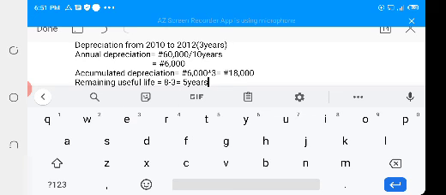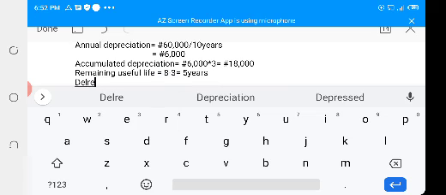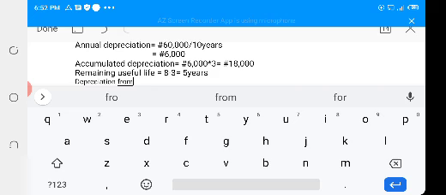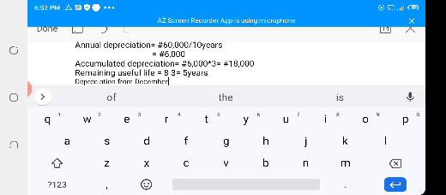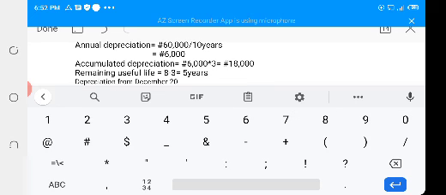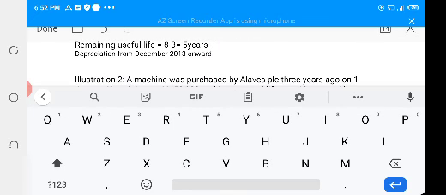The depreciation from December 2013 onward.